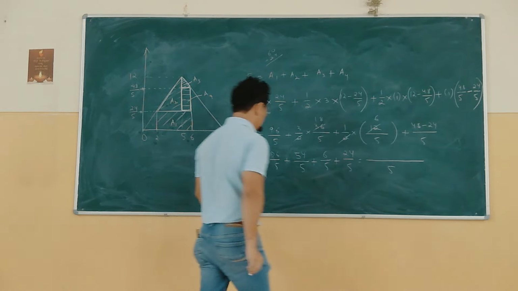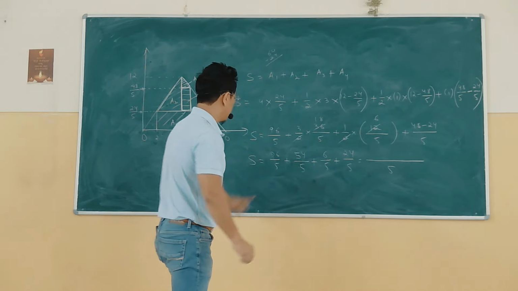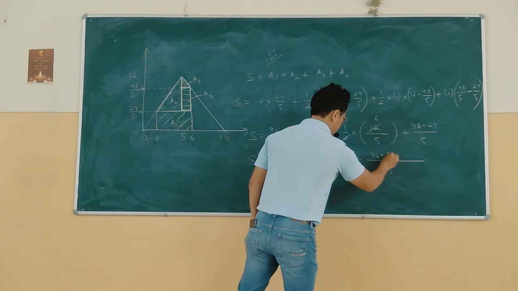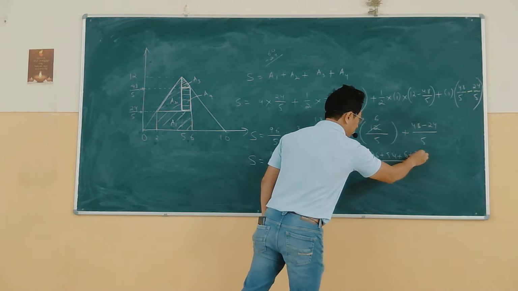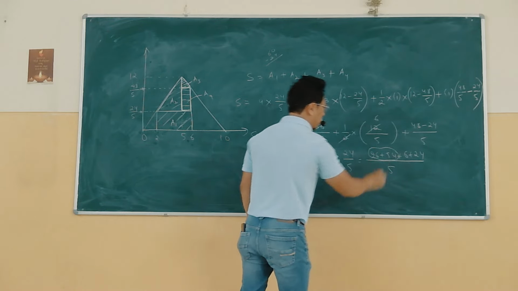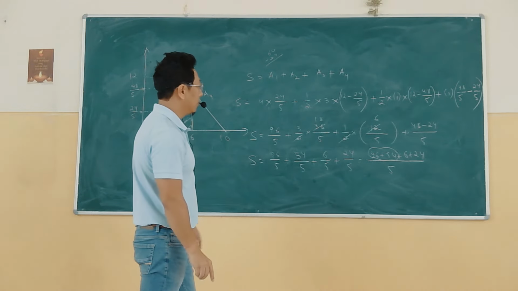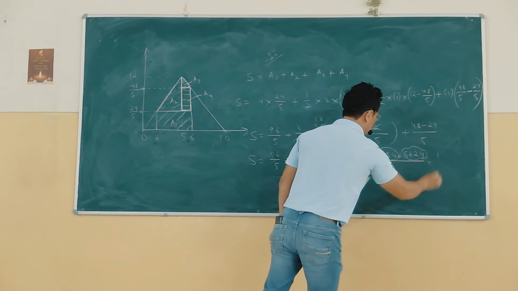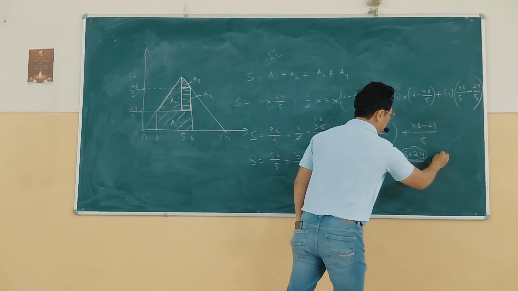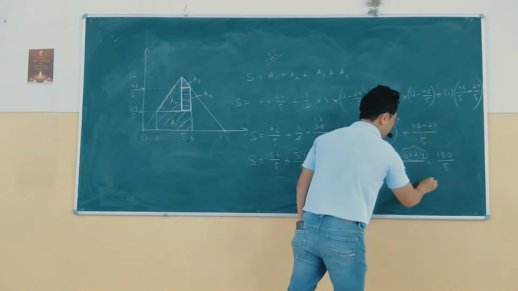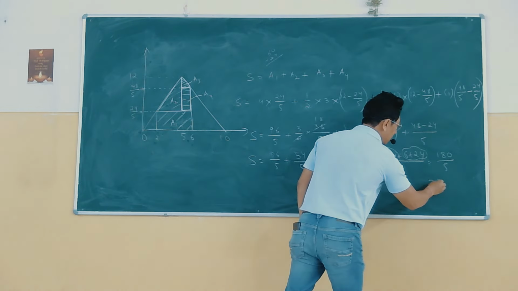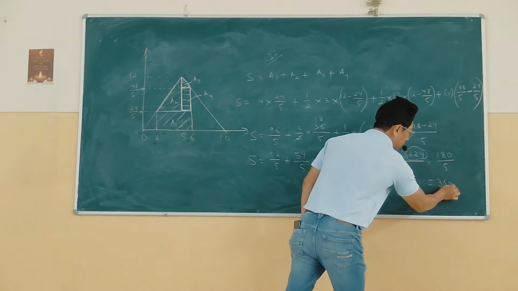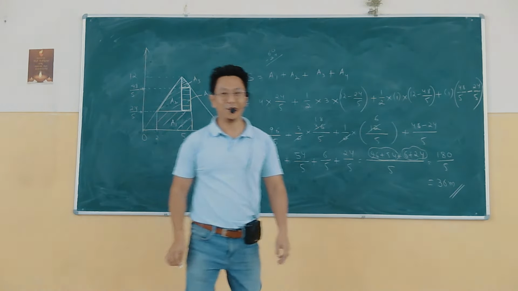Here LCM will be 5, 96 plus 54 plus 6 plus 24. This if you add, you will get how much? 150, then this is 30. So 150 plus 30, 180 divided by 5. That will be 36. So answer is 36 meters, right?